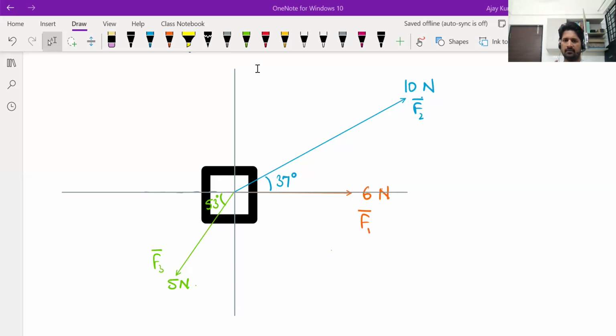No. Eleven is one part of the answer. Aishwarya, your answer is correct only. Find out the magnitude.